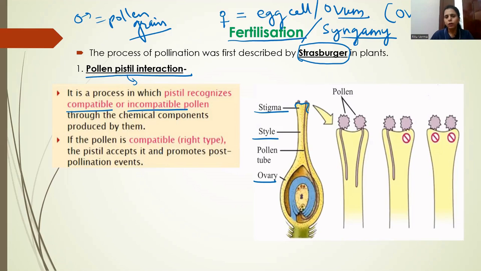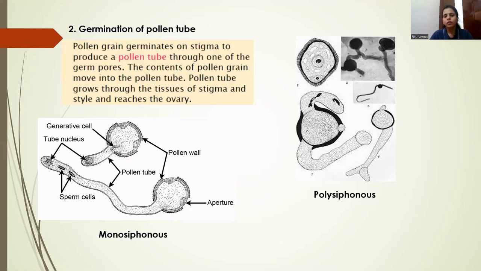If the pollen grain is compatible, that means it is of the right type and belongs to the same species, then the pistil will accept it and promote post-pollination events in the plant.